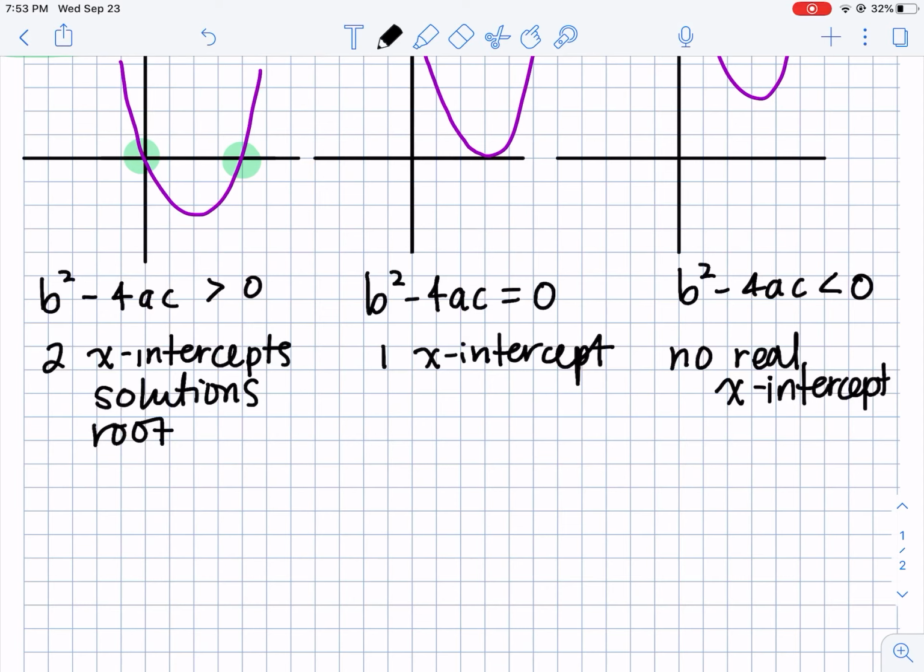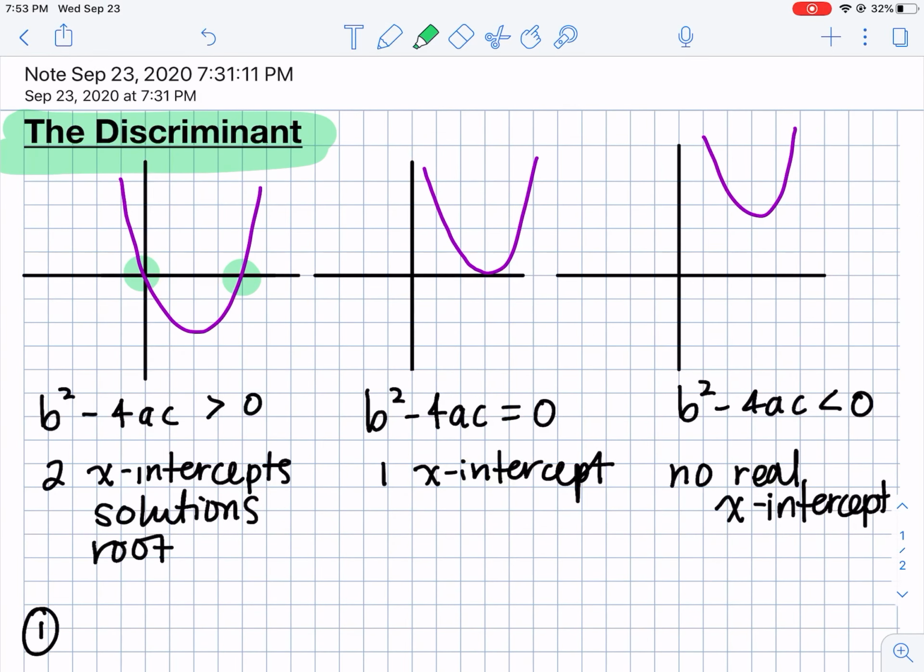But right now, we're just going to focus on practicing to see if the discriminant can tell us that. So we're going to look at our quadratic toolkit, and we're going to look at problem number 1, and we're going to see, is it the situation where we have two x-intercepts, one x-intercept, or no x-intercept? So let's find out.